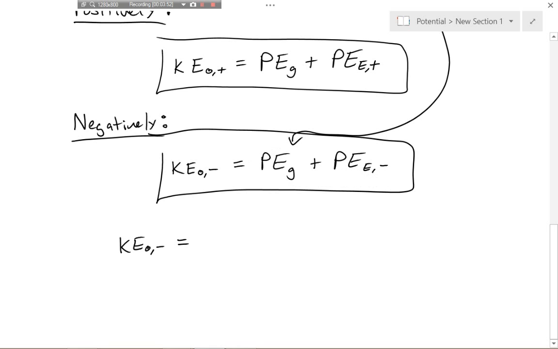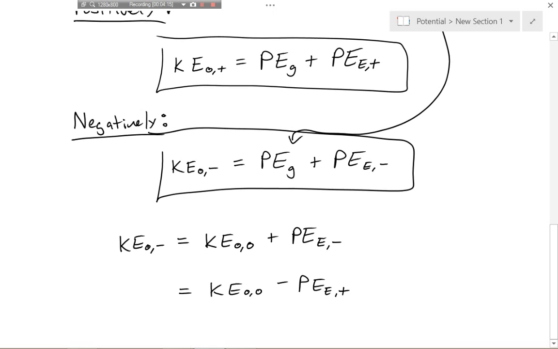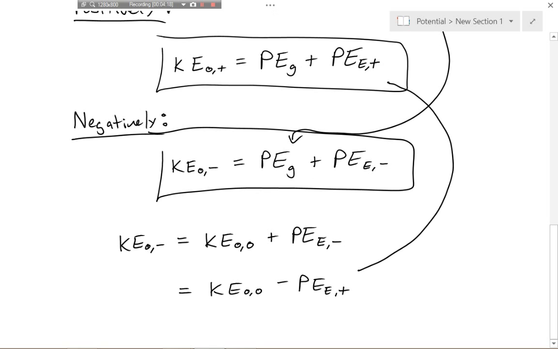But the gravitational potential energy is just equal to the initial kinetic energy of the neutral particle. Additionally, I can rewrite the electrostatic potential energy of the negatively charged particle as being equal to minus the potential energy of the positively charged particle. Then I can use this formula here and plug it into here. The potential energy of the positively charged particle is equal to the kinetic energy of the positively charged particle minus the gravitational potential energy.